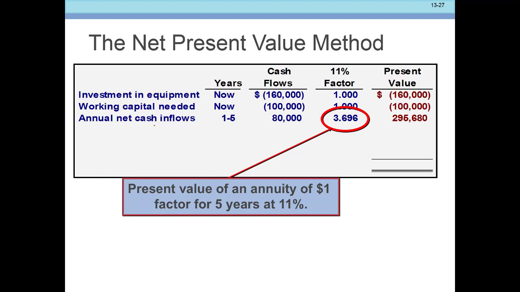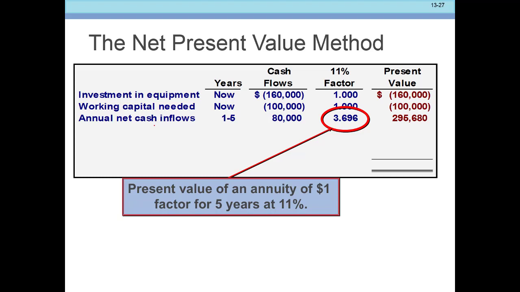If it's 80,000 times 5, that's 400,000? But notice the present value is less than 400,000, because the amount today is worth less than amounts in the future, because we're going to have to wait for that money, right? So we pick up that present value factor from the present value of the annuity table.